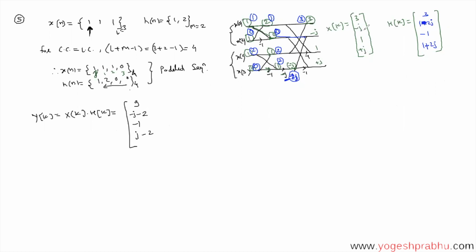Why minus 2? j square is minus 1. This minus and this minus becomes plus. And then there is j square, and j square gives it a minus sign. Oh, okay, I got you. So that's minus j minus 2 over here. That's your yk. We found out yk. What next?